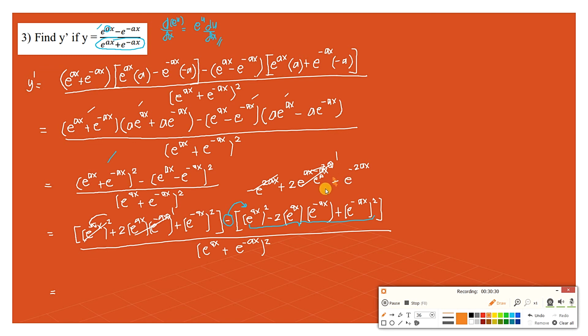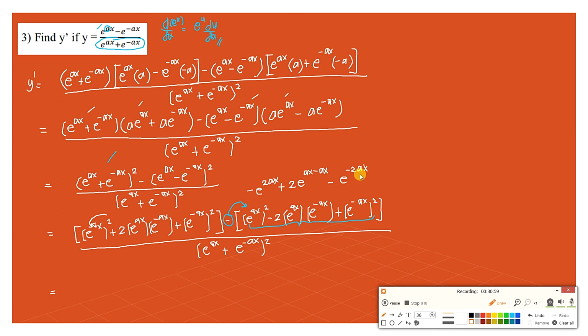So, negative na siya. Sige na nga. Para mas maayos. Tanggalin natin na muna ulit to. Ay. Sobrahan. Ayan. Tapos, itong part na to, minus na. Minus e raised to negative 2ax.